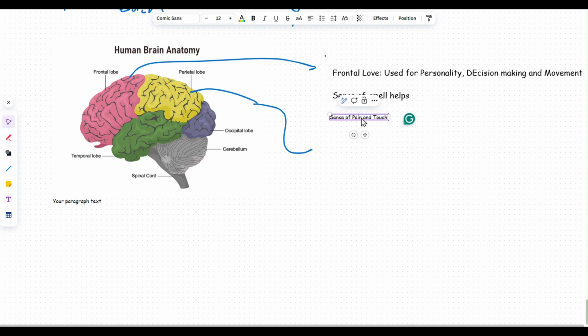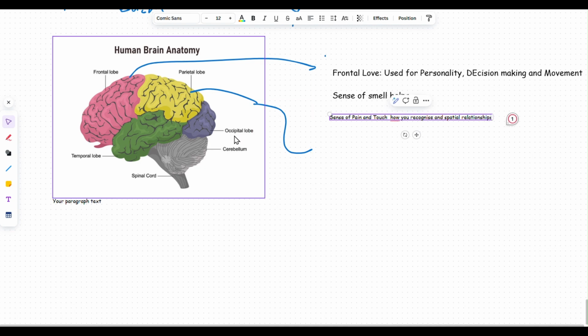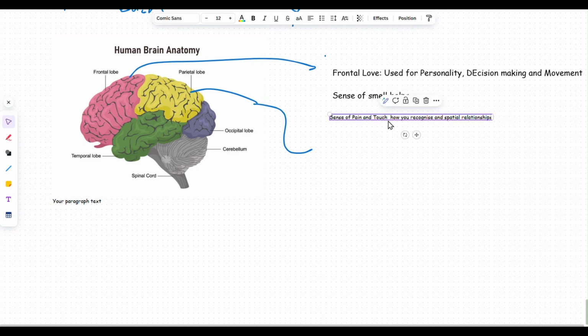How you recognize objects and spatial relationships. That's all your parietal lobe. Sense of pain and touch and how you recognize spatial relationships.